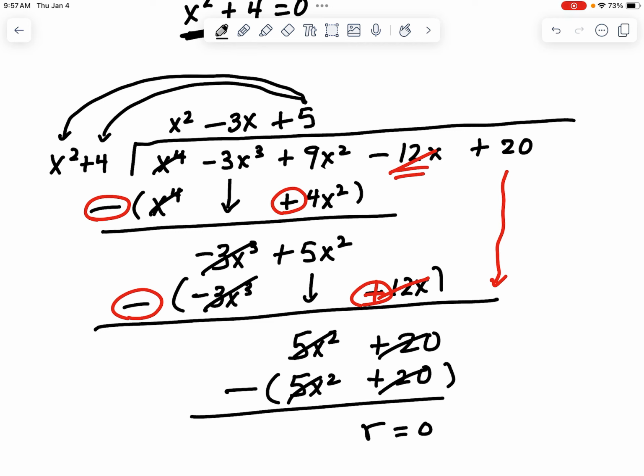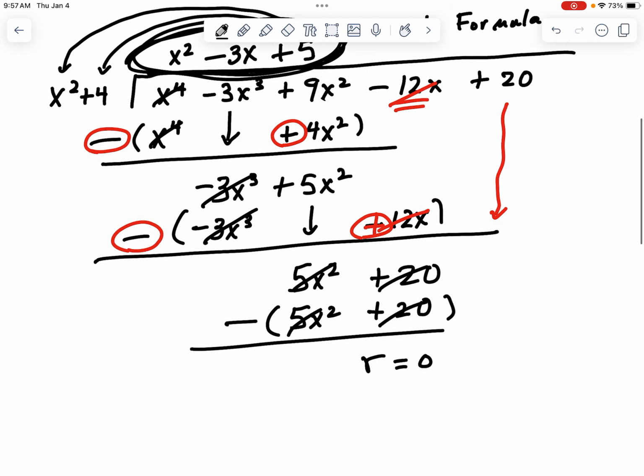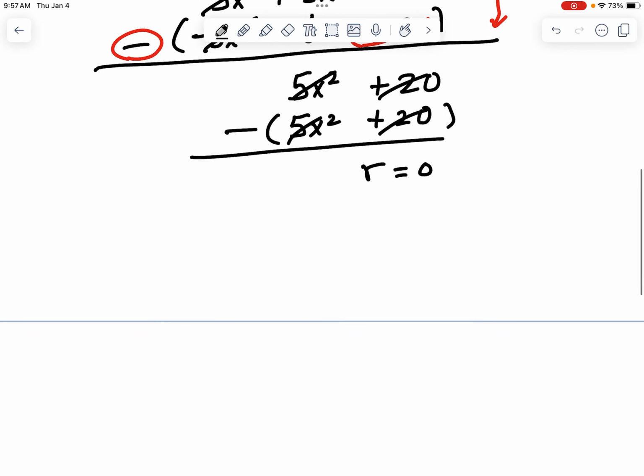All right, to find the last two solutions, I just need to do probably the quadratic formula. So I've got an x squared minus 3x plus 5. When does that equal 0?